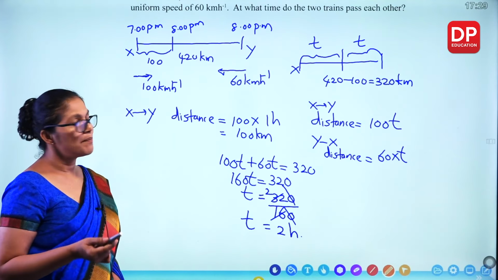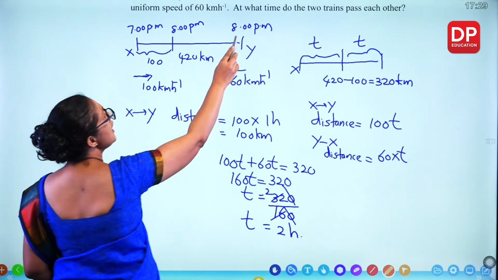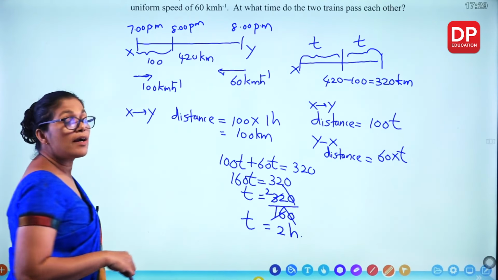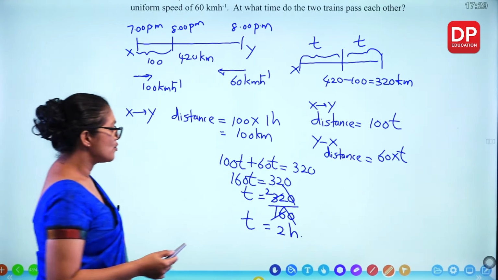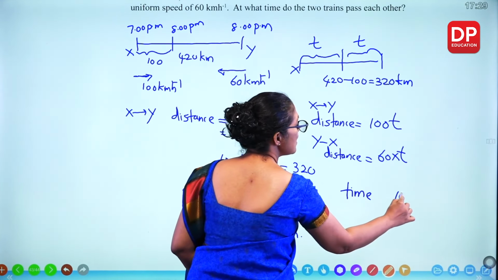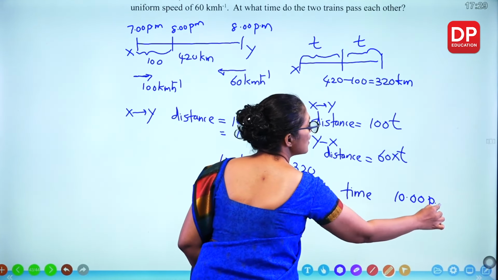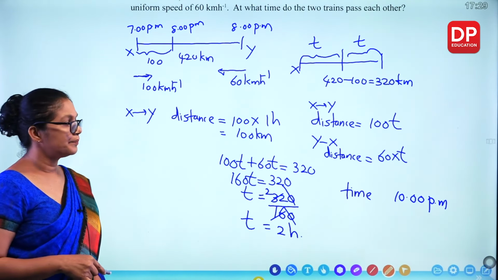Now what's the time then? This is after 8 p.m. 2 hours after 8 p.m. is 10 p.m. So the two trains meet at 10 p.m.